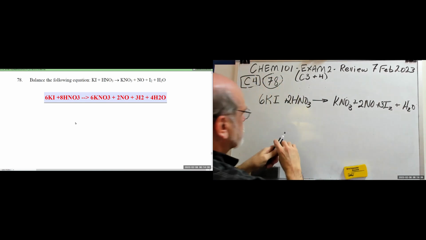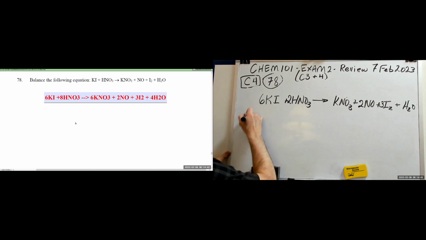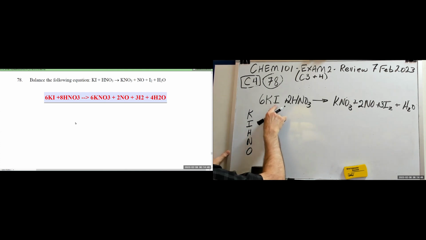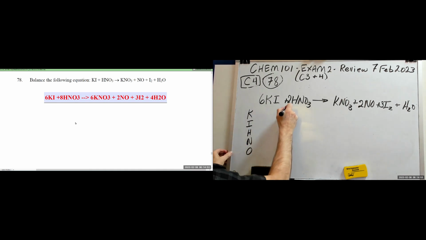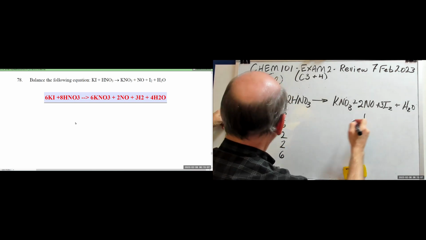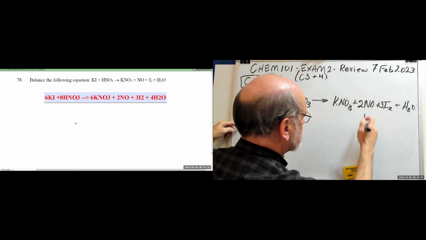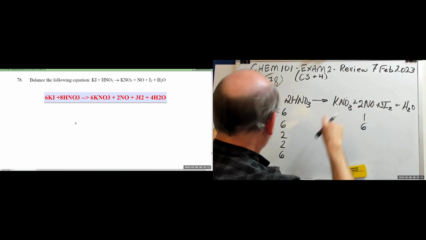Okay, so now we do our budget. We've got potassium, iodine, hydrogen, nitrogen, and oxygen. Okay, how many potassiums on this side? 6. Iodines, 6. Hydrogens, 2. Nitrogens, 2. And 6 oxygens. On this side, we have 1 potassium. We have 6 iodines. Yep.